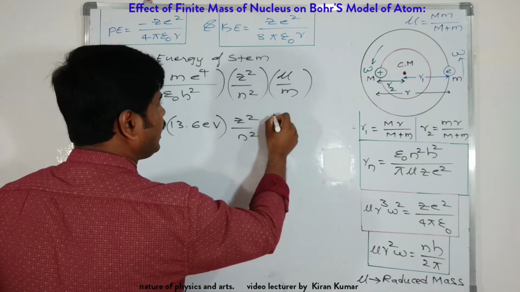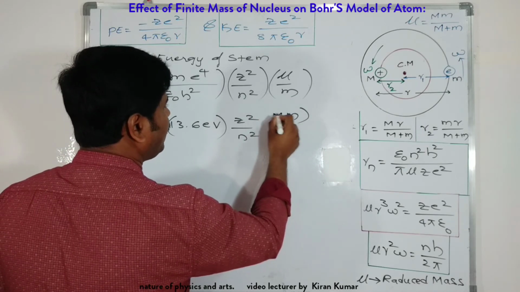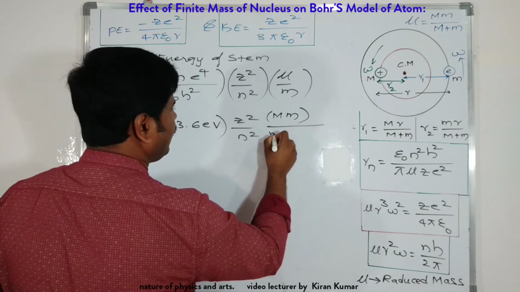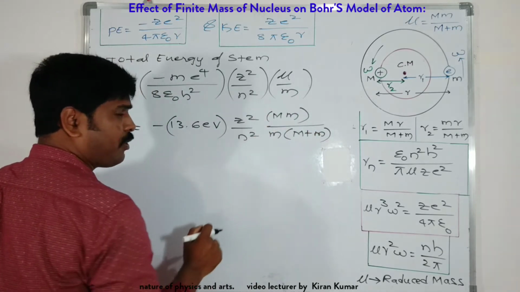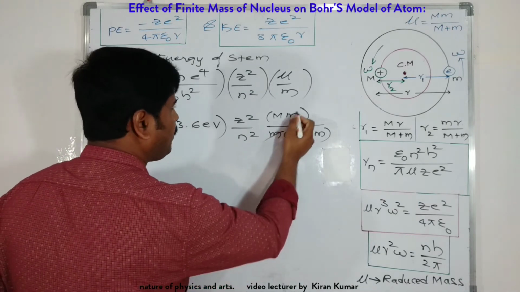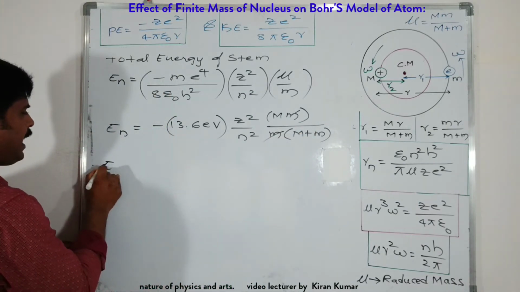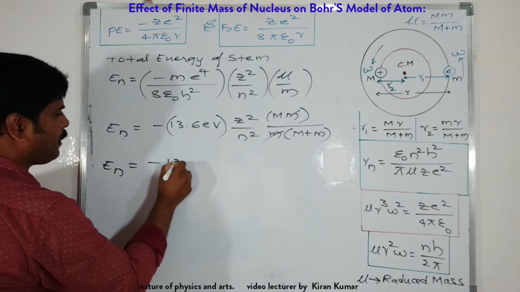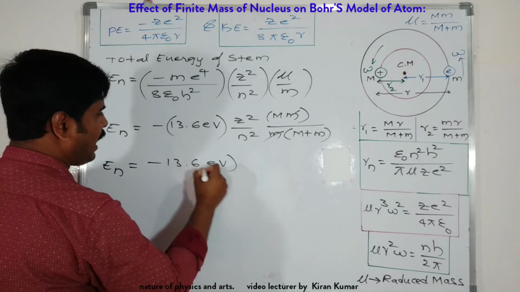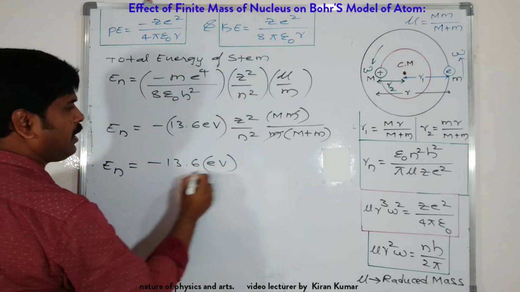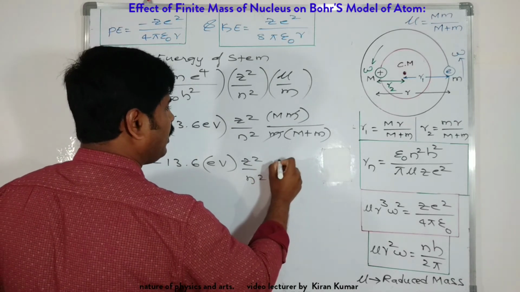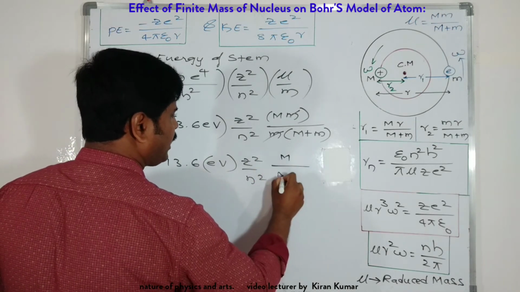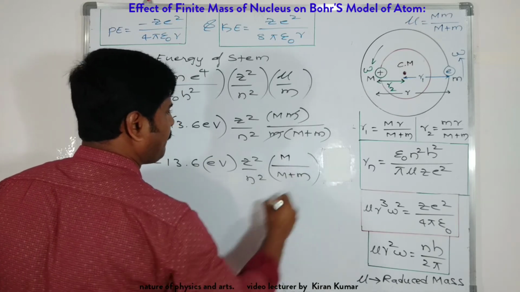Mu value is capital M small m divided by capital M plus small m, remaining I wrote. So m gets cancelled here. So En is equal to minus 13.6 electron volt Z square by n square into capital M divided by capital M plus small m.